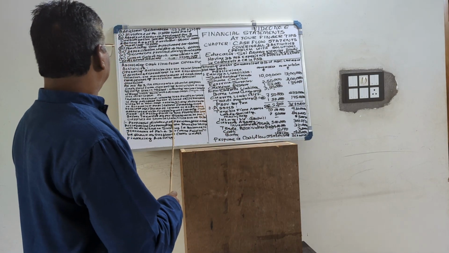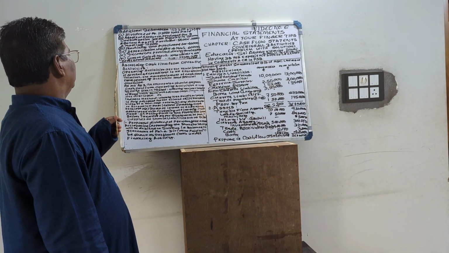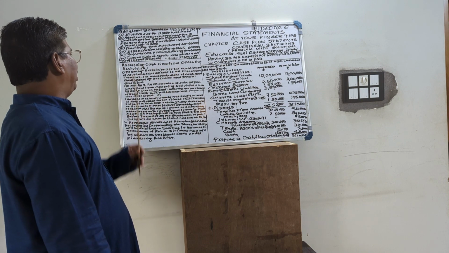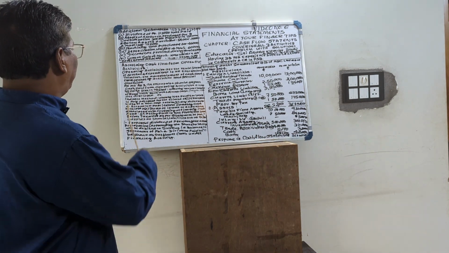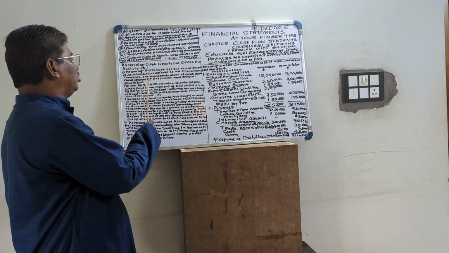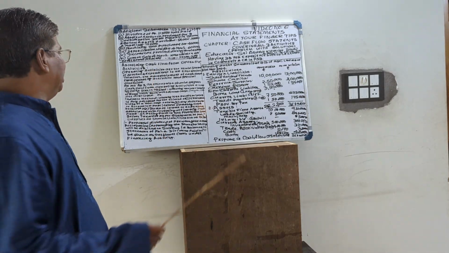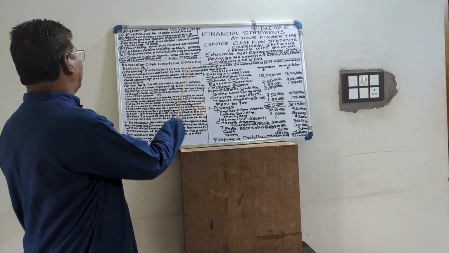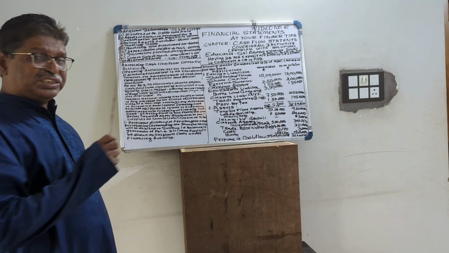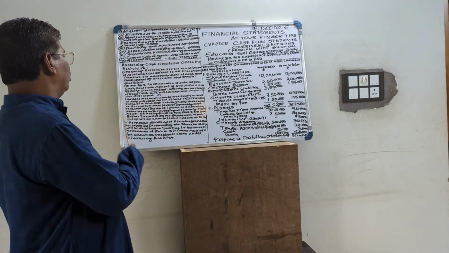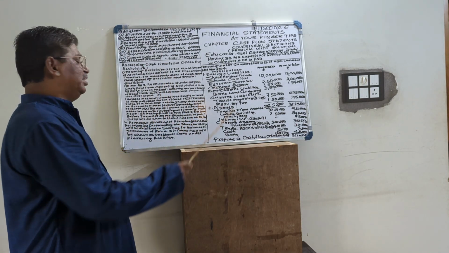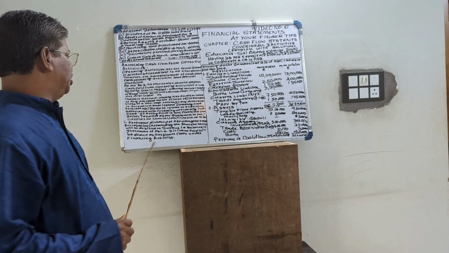Before that, you should know about ascertaining cash flow from operating activity. Operating activities are the main source of revenue and expenditure in any enterprise. Therefore, the ascertainment of cash flows from operating activities needs special attention.